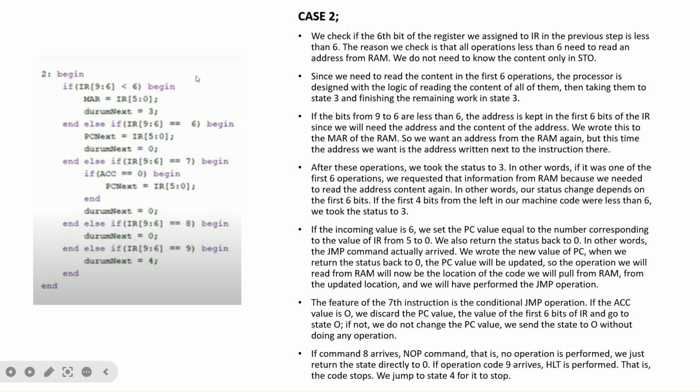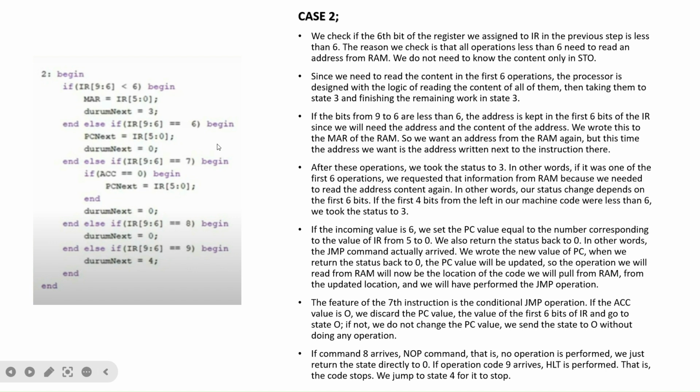If the first 4 bits from the left in our machine code were less than 6, we took the status to 3. If the incoming value is 6, we set the PC value equal to the number corresponding to the value of IR from bit 5 to 0. We also return the status back to 0.